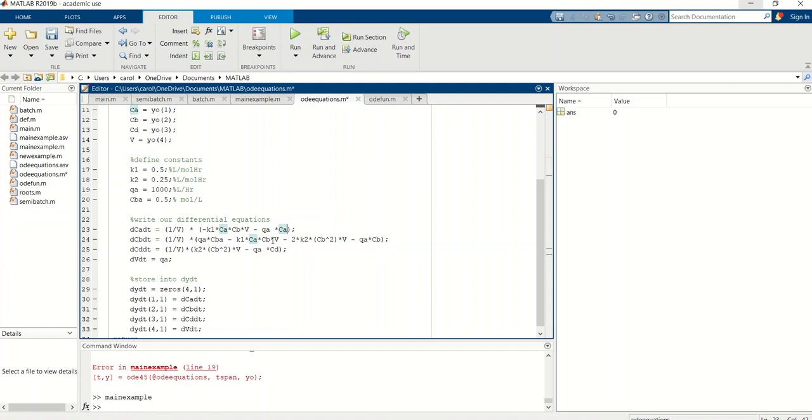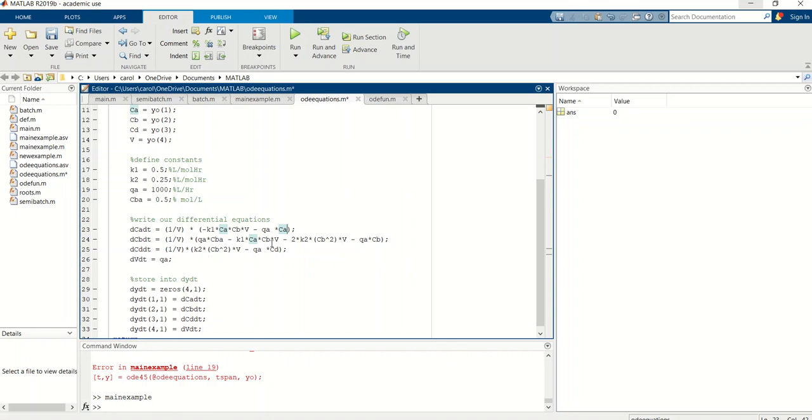QA times CB. And that's what's called a silent error. Those are the most difficult ones to troubleshoot in your code, whenever there's something mathematically wrong. And that's why you need to be able to do the math behind these calculations as well as using MATLAB, because MATLAB is just a tool for you to use to solve the equations.